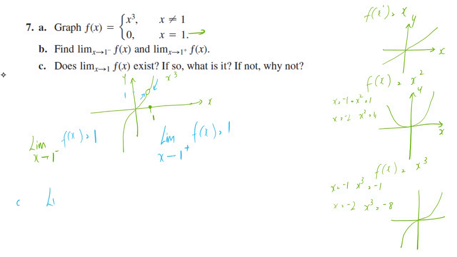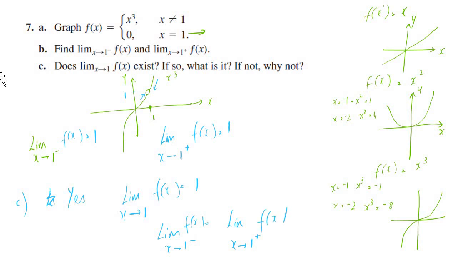This is C. The limit is equal to 1, because the limit from the negative side equals the limit from the positive side. So there you go. Let's do the next question right away.